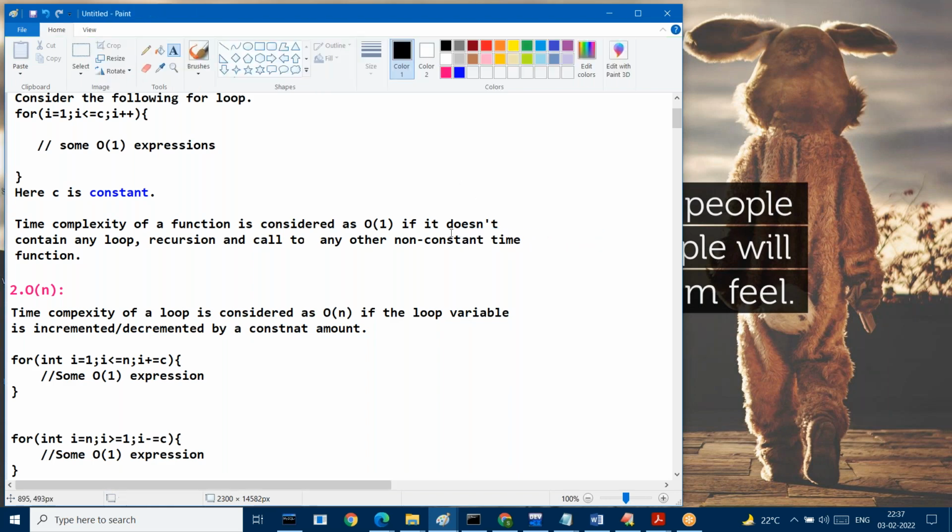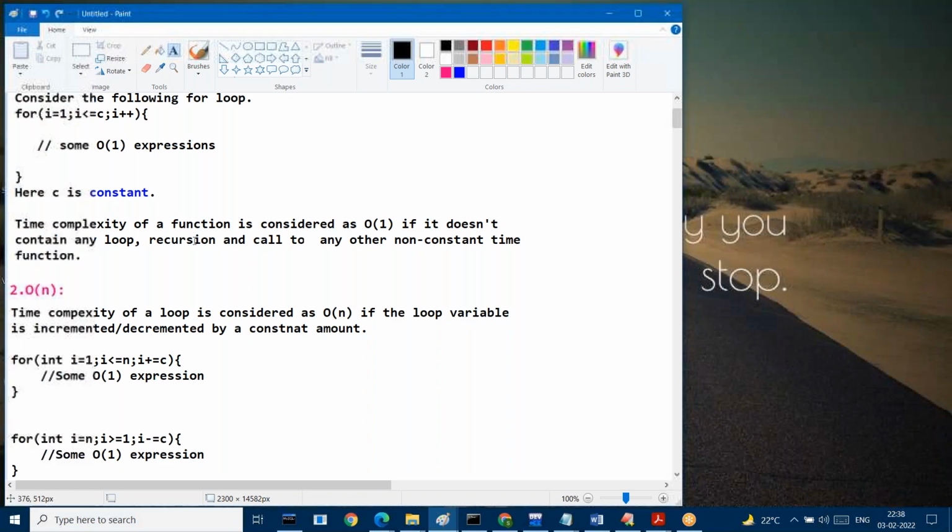If you are feeling confused by this English wording, I said this: the time complexity of a function is considered order of 1 if it doesn't contain any loop, does not contain any recursion, and does not call any other non-constant function.